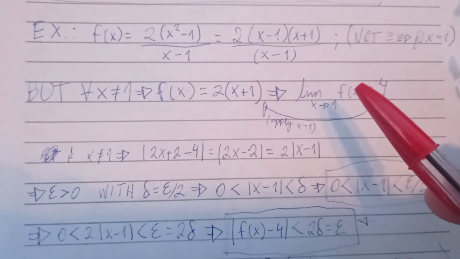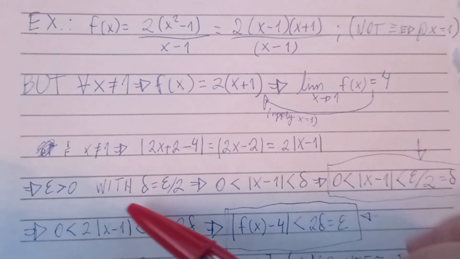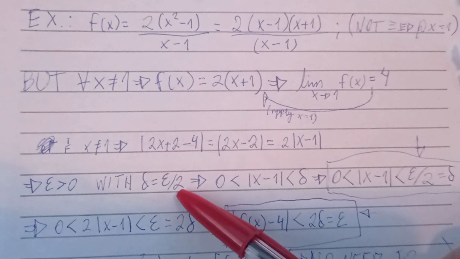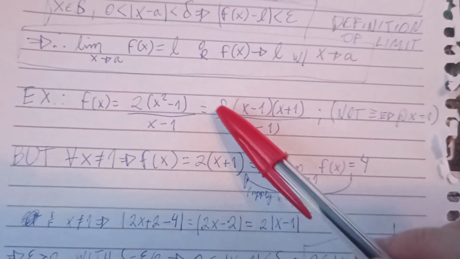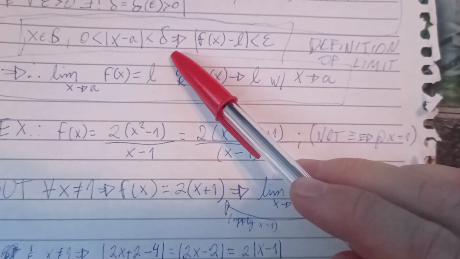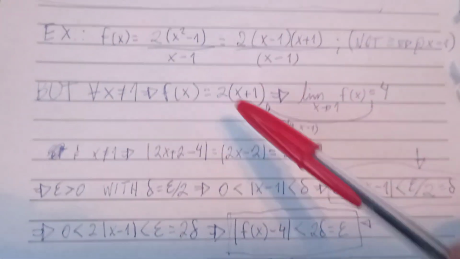Let us say that we have an epsilon that's bigger than 0, and let's say delta is epsilon divided by 2. This means that we are going to arrange things in the following manner.